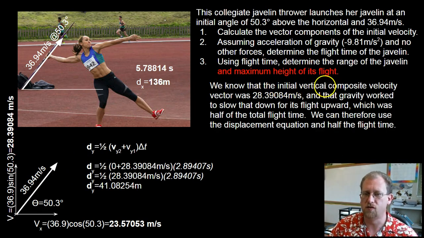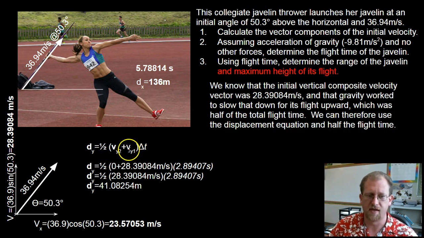Okay. We know the initial vertical component velocity was 28.39084. That's right here. Okay. And that gravity worked to slow that down for its flight upward, which was half the total flight time. Okay, I've already found the 2-point-something seconds for the time that it took to go up. We can therefore use the displacement equation and half the flight time. So here's my displacement. The final velocity was 0.